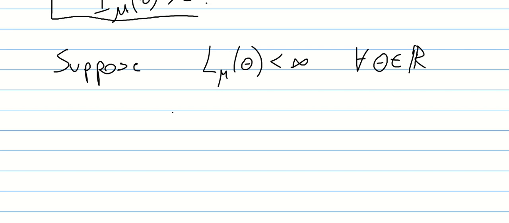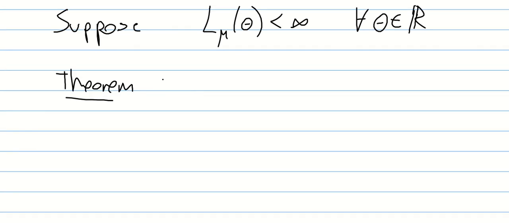And in the last class, we saw a theorem that took a sequence of random variables which were IID with distribution mu.